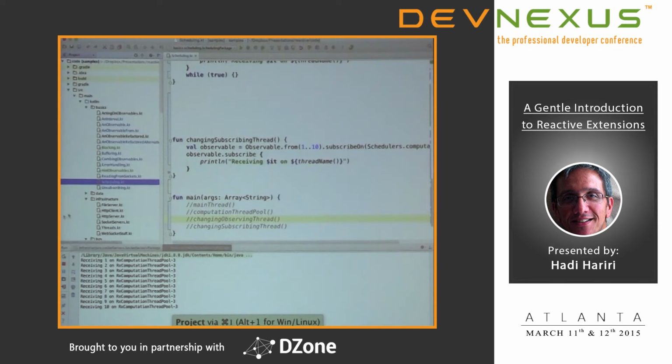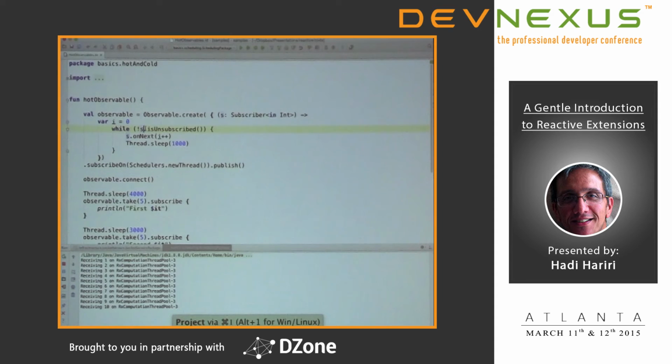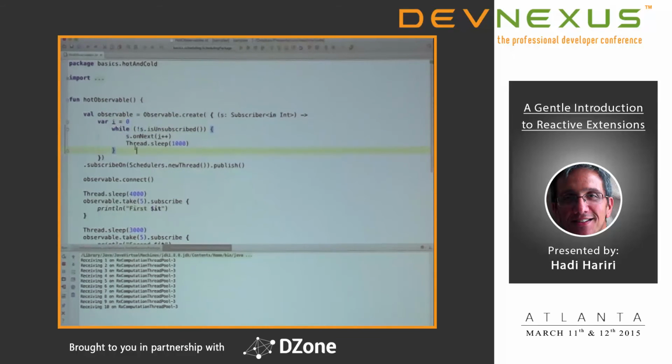So, last thing I want to show you is this concept of hot and cold. And it's actually not easy to create this. This doesn't work too well, and it's a bit of a hack, but it's important for you to notice there's two concepts. Everything that I've been showing you so far is basically what's called a cold observable.